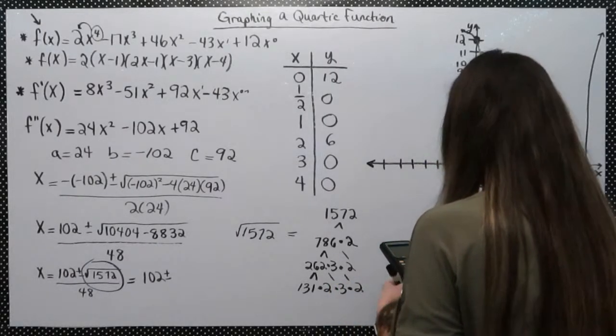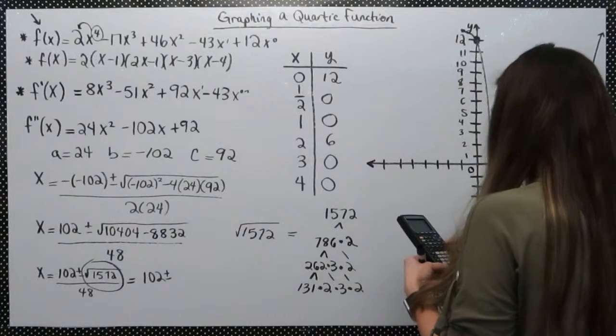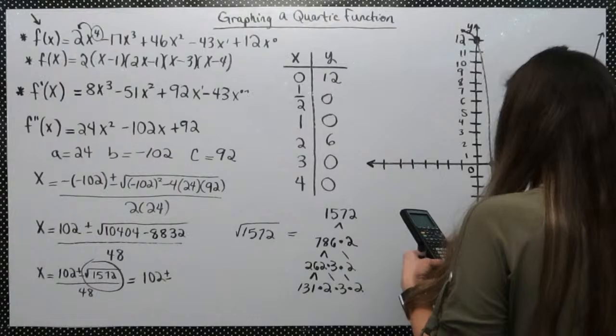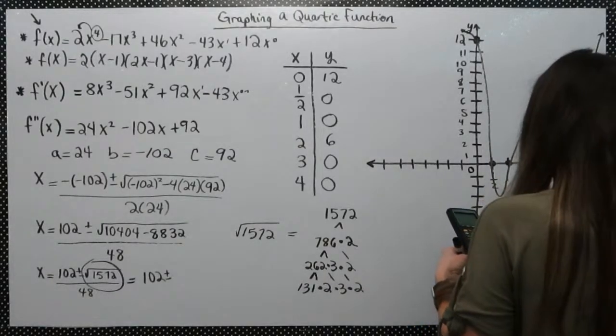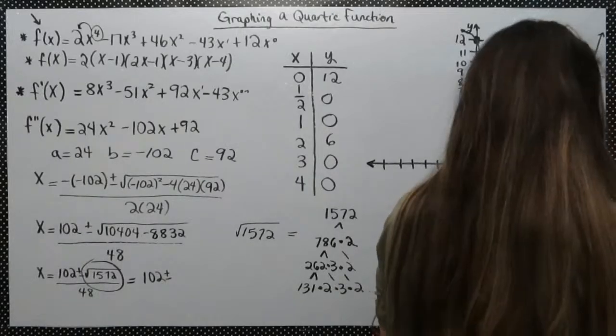Okay, and then 131 divided by 3, nope. 131 divided by 7, no. So 131 might be prime.